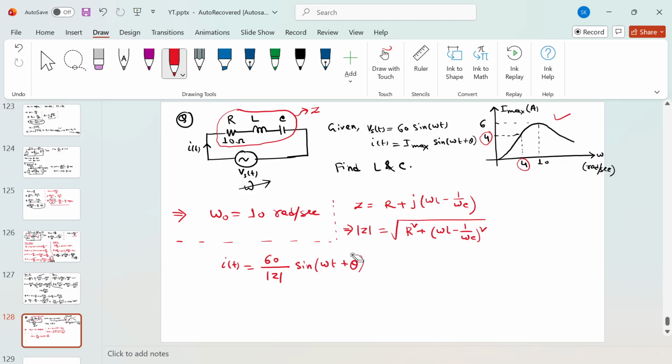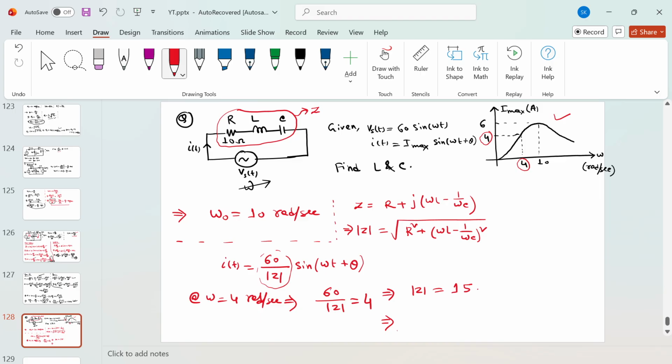At omega equal to 4 radian per second, the maximum value, 60 by mod Z, simply becomes 4. So the mod Z value is 15.